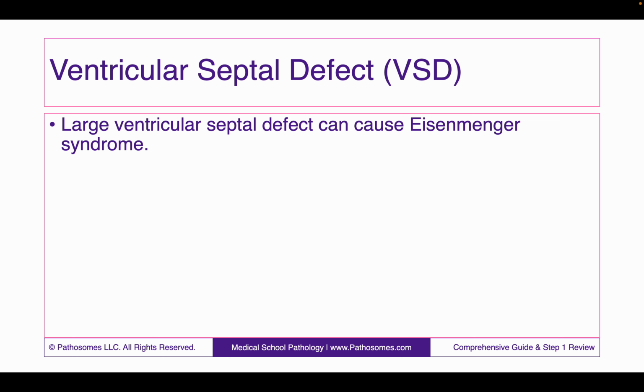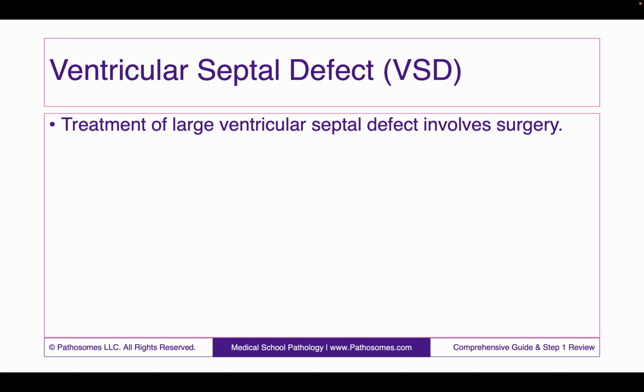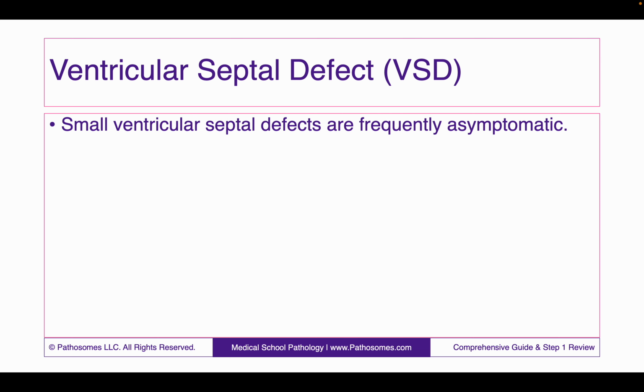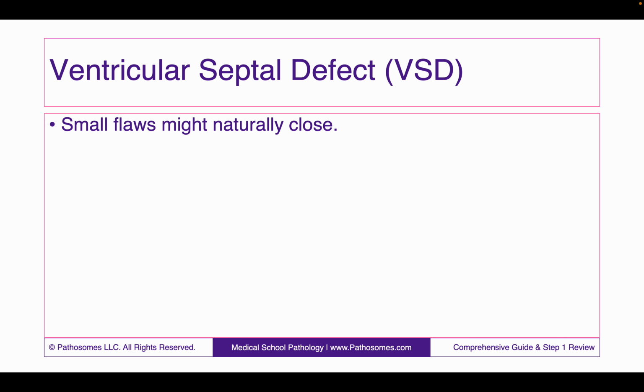Large ventricular septal defects can cause Eisenmenger syndrome, and the treatment of a large ventricular septal defect involves cardiac surgery. Small ventricular septal defects are frequently asymptomatic. Small flaws might naturally close.